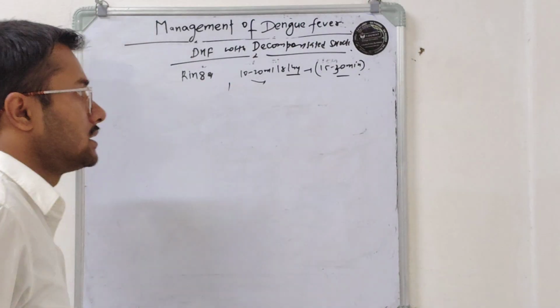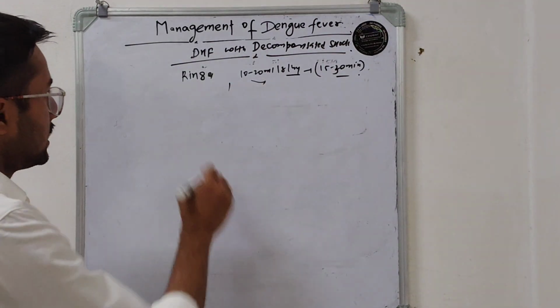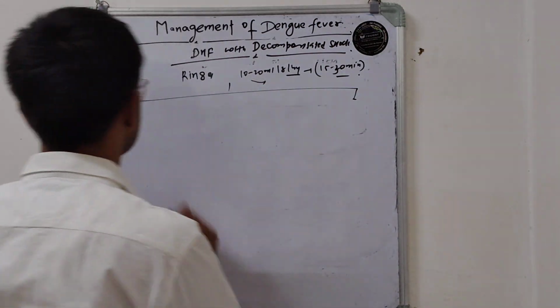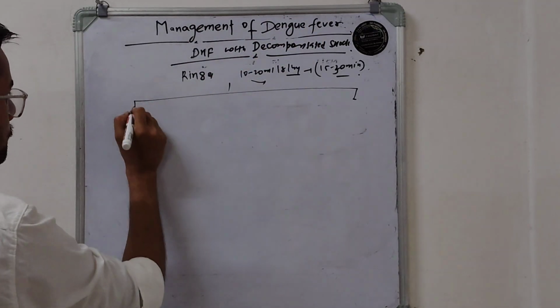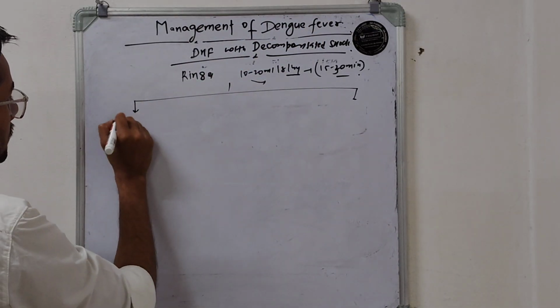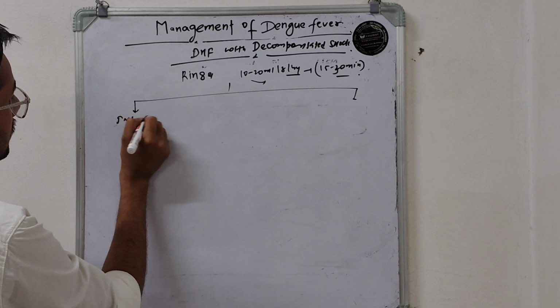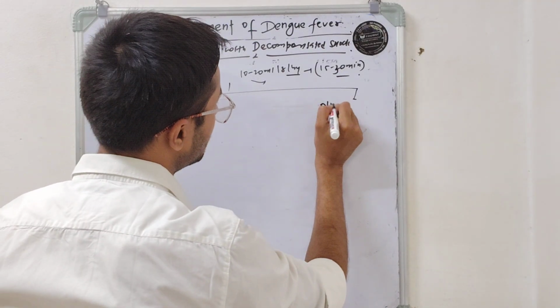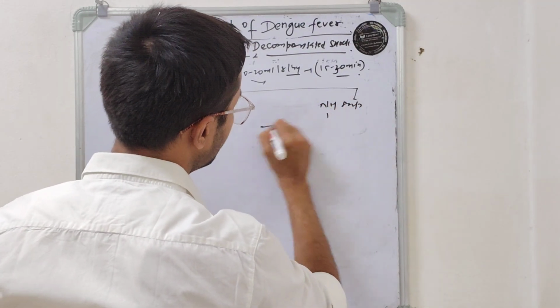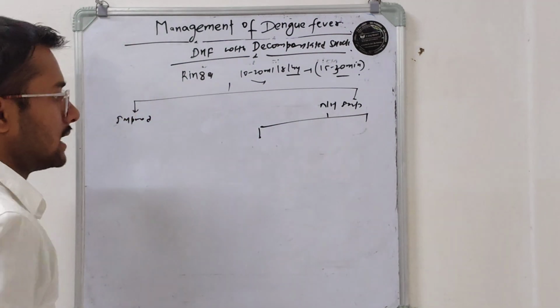When we reassess the condition, definitely two things are possible. One is that the patient shows improvement, or the patient does not show improvement. If not showing improvement, there are two conditions possible.